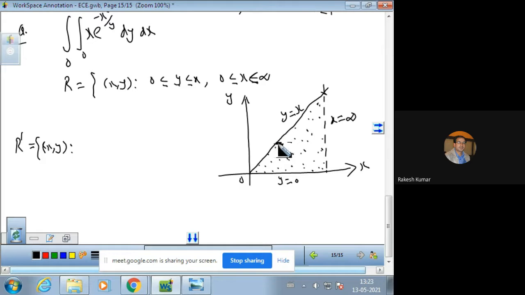For the limits of x, you will have a horizontal strip, and for the limits of x, left to right. So at this point, x is equal to y, and this is moving towards x is equal to infinity. So your x is varying from y to infinity, and your y is 0 to the point that is up to infinity. This is also up to infinity.